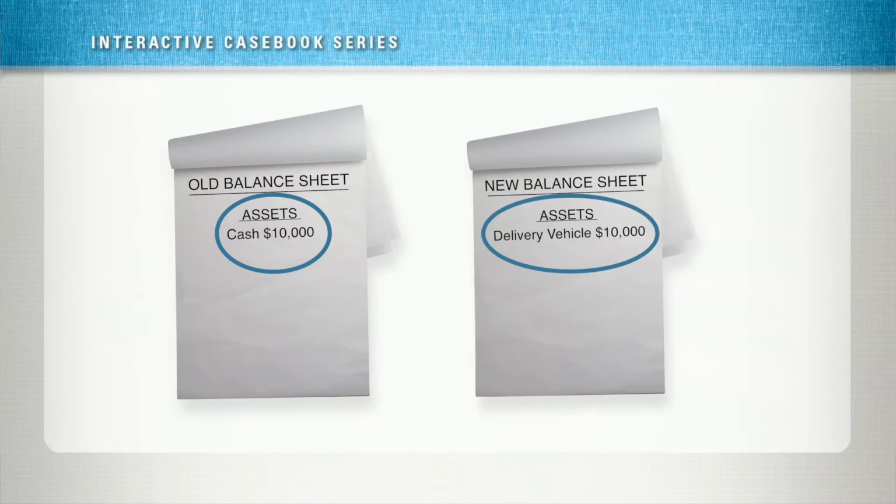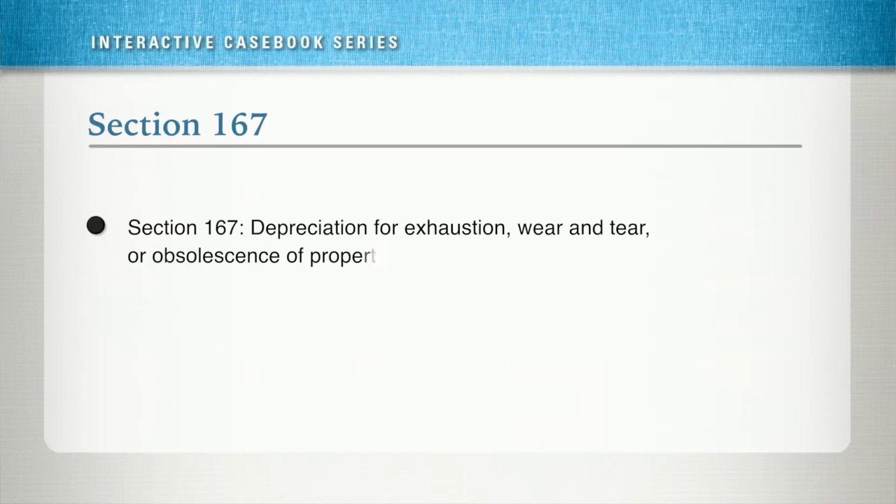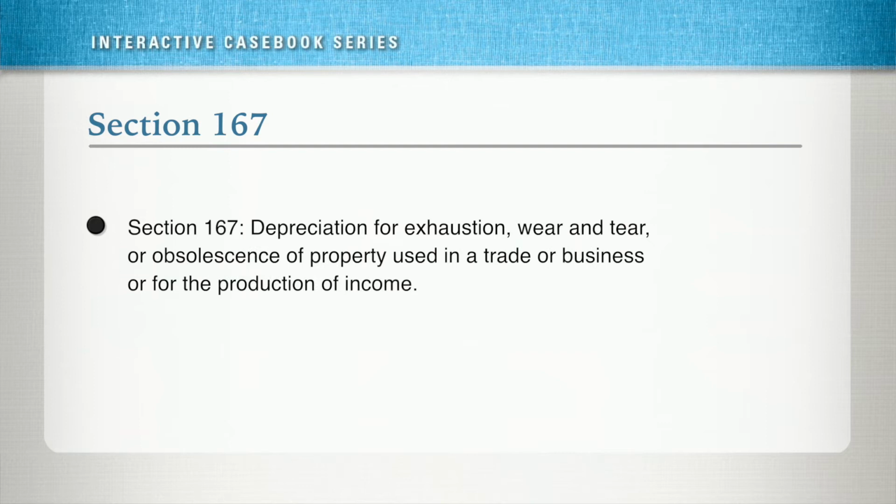Because there has been no change in value and no real cost to the business, the tax code did not allow a deduction for the full value of the asset when it was purchased. Instead, Section 167 allows a deduction for exhaustion, wear and tear, and for the obsolescence of property used in a trade or business or held for the production of income.